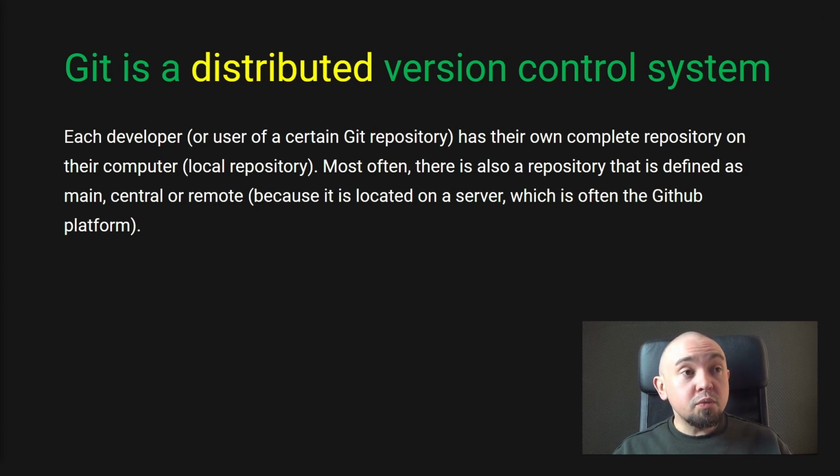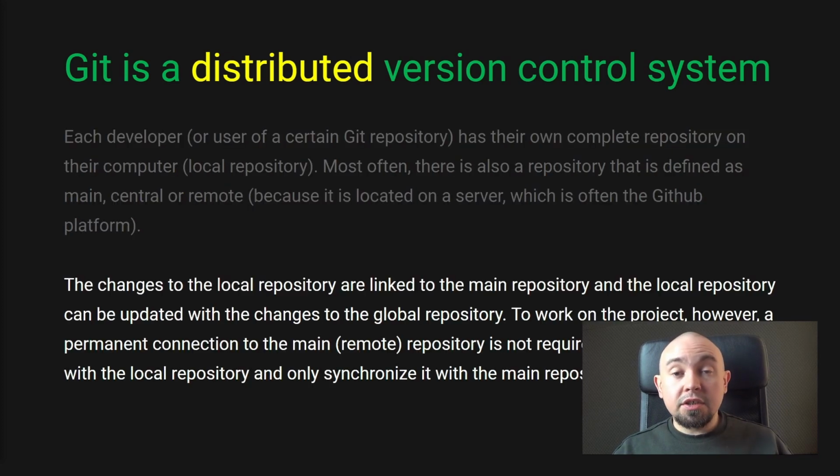Changes made in local repositories by individual developers are applied to the remote repository, so everyone can work independently on the same project. The changes to the local repository are linked to the main repository, and the local repository can be updated with the changes to the global repository.